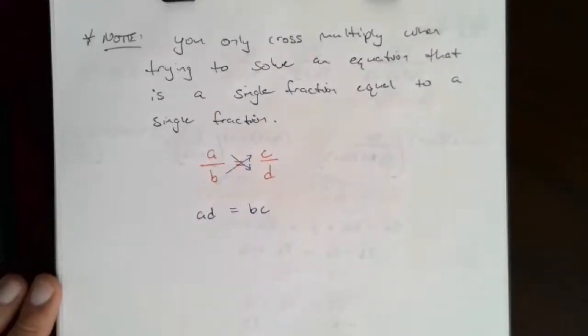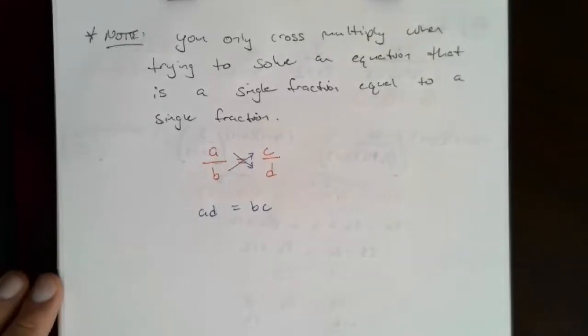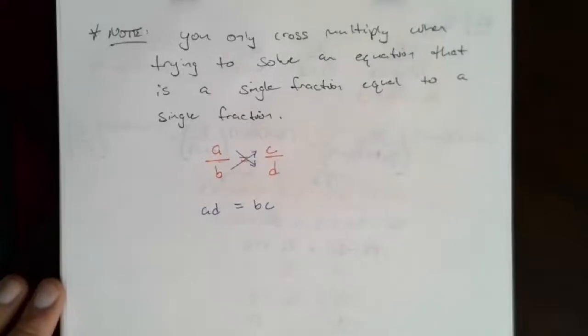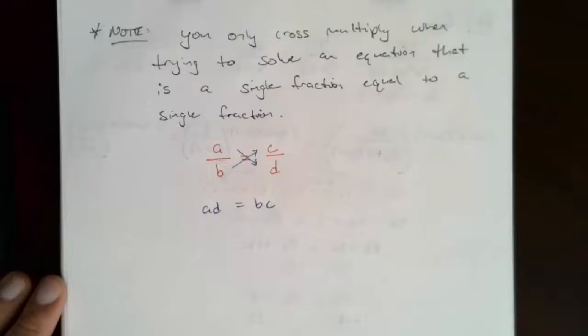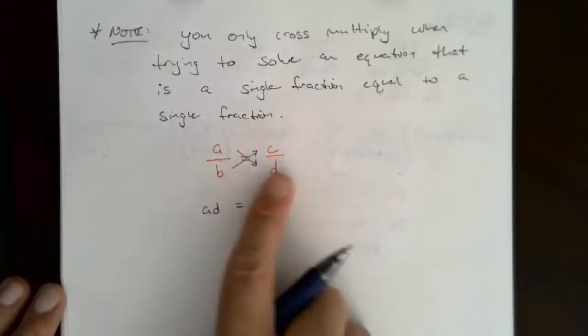So it's a shortcut way to clear fractions is really what you're looking at. So it's not a, cross multiply all the time. It's only when you have one fraction equal to one fraction. In the previous examples I've showed you, we had more than one fraction on each side, so you couldn't use cross multiplication. You also don't use it in any other way in math. It's always about an equation, so it has to be an equal sign in between two fractions.